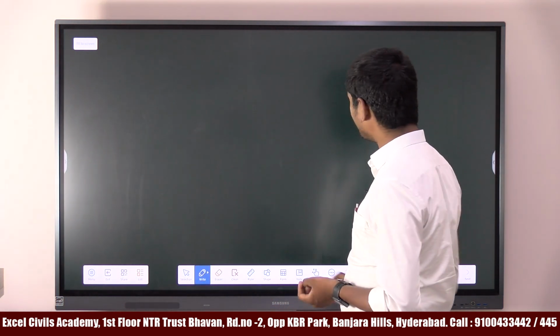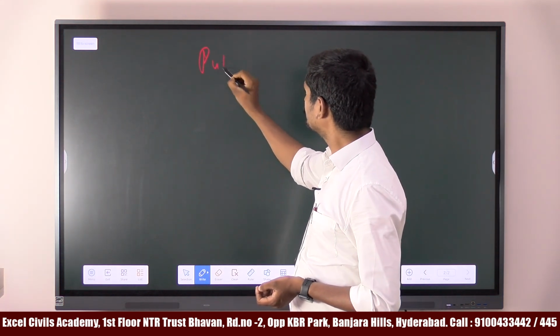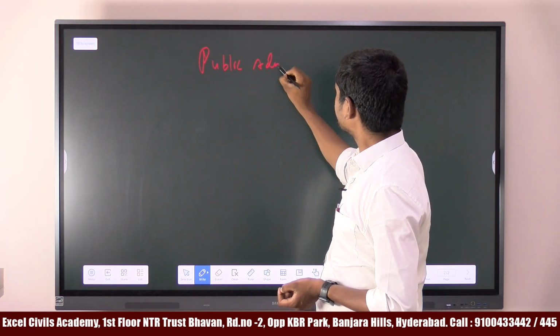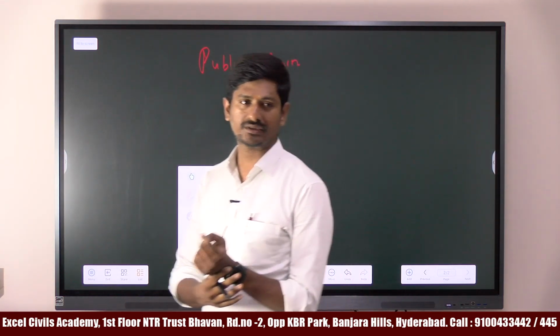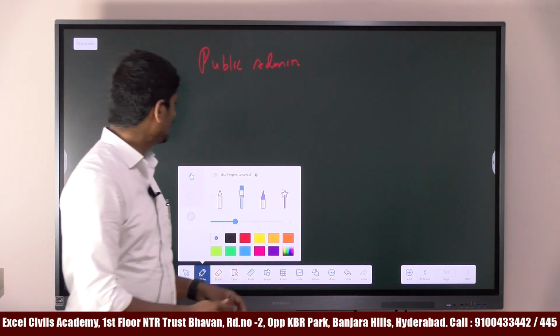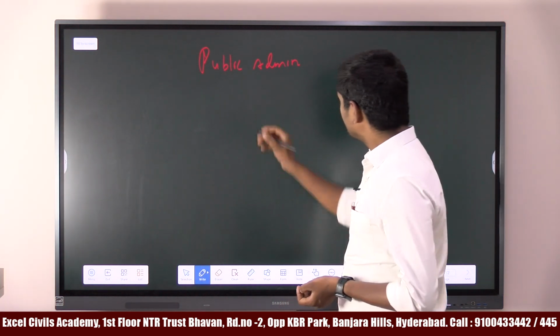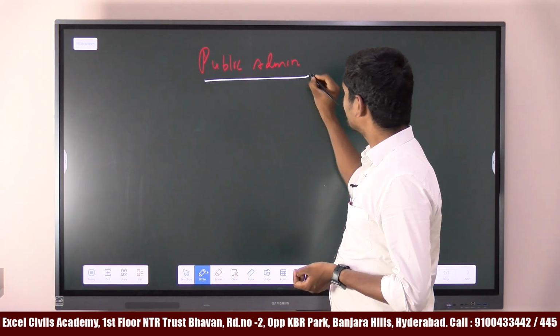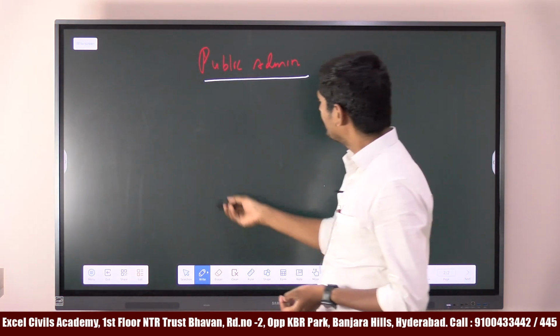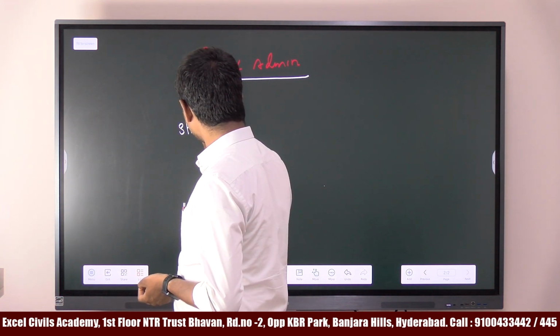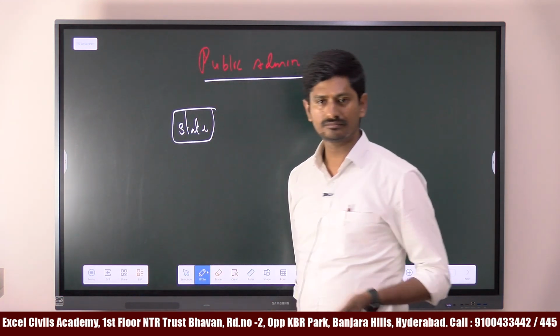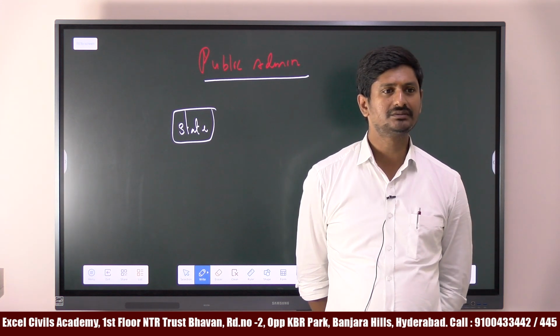In what sense we need to understand the term public administration? Okay, public administration means what? Basically, before we understand what is public administration, let us understand the purpose of the state. Okay, state means what?